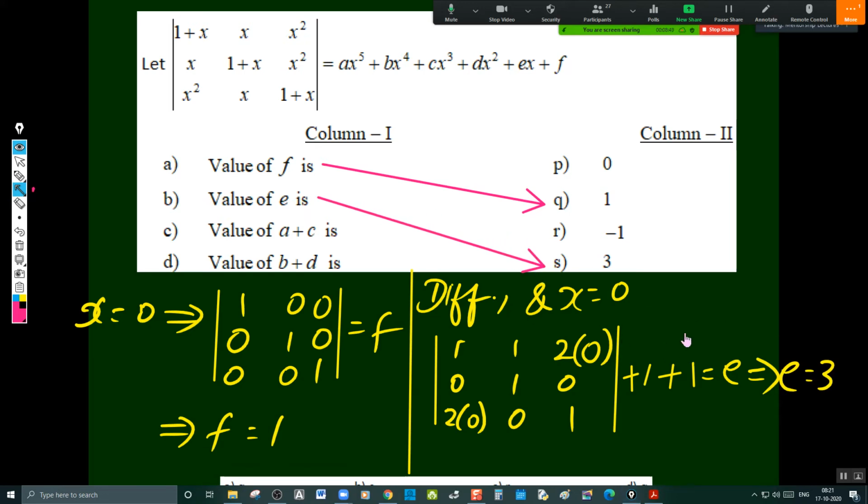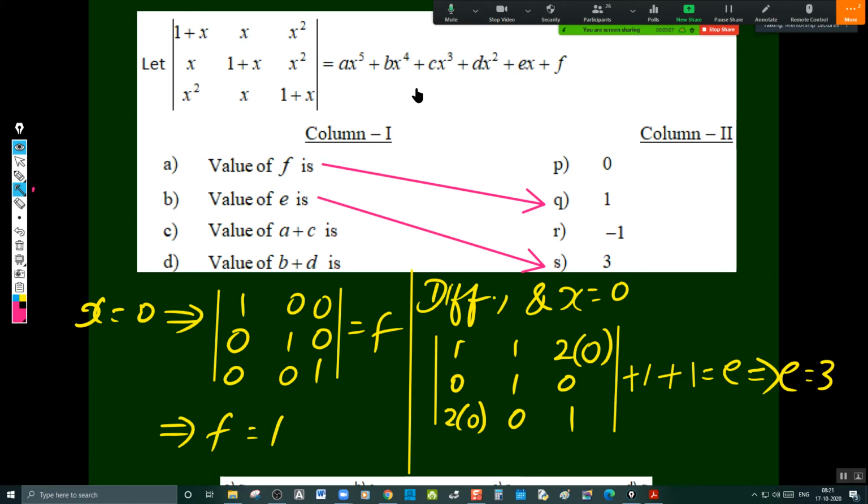Now I have to find out A plus C, please. Put x equal to 1 and put x equal to minus 1 and add.